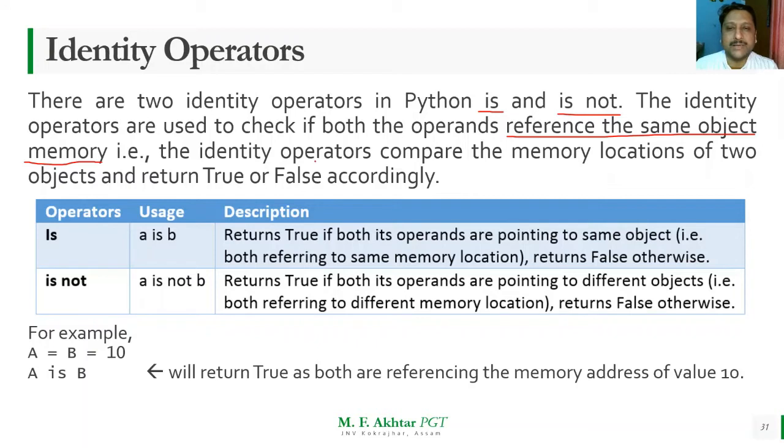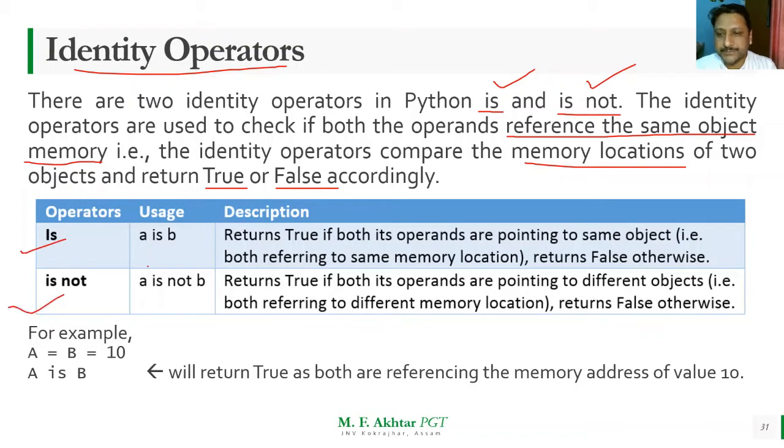That is, the identity operators compare the memory locations of 2 objects and return true or false accordingly. The 2 identity operators are is and is not.